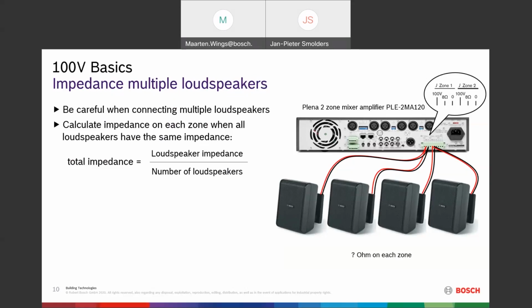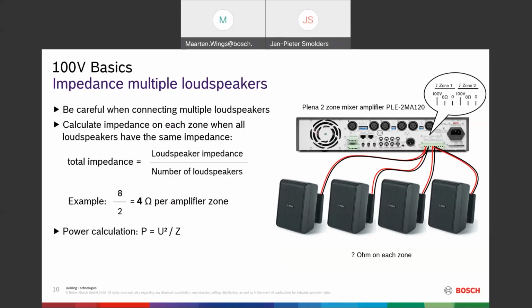So in this case, if you have connected 2 loudspeakers to a single amplifier channel, the connected load is 8 divided by 2, which means it's 4 ohm per amplifier channel. Then you can also calculate the power it consumes, because now you have a different impedance connected.